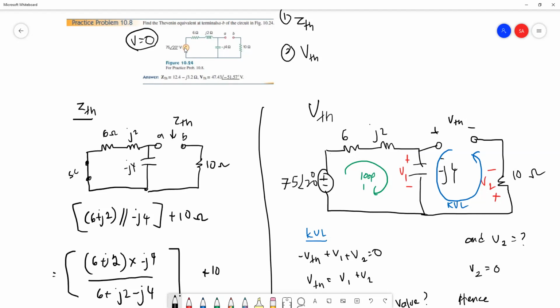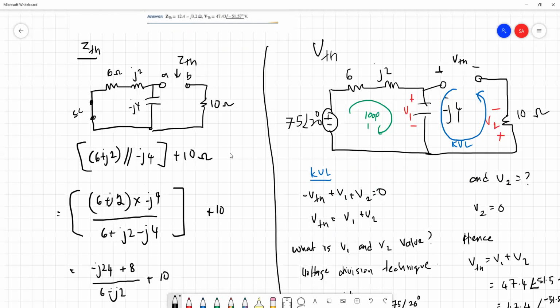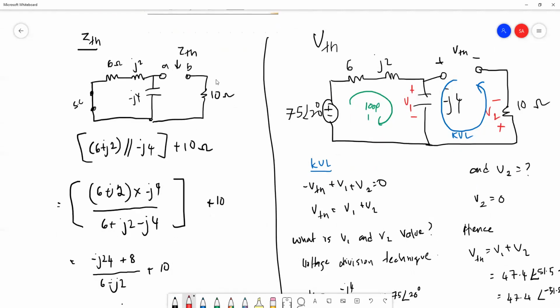This impedance 6 plus J2 is parallel with the capacitor here. After you have combined this, it will become like this. As you can see, this element is in series with the 10 ohm.